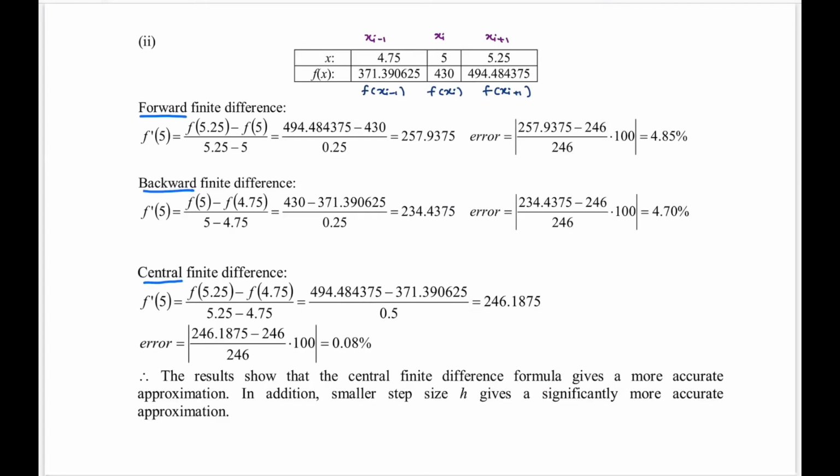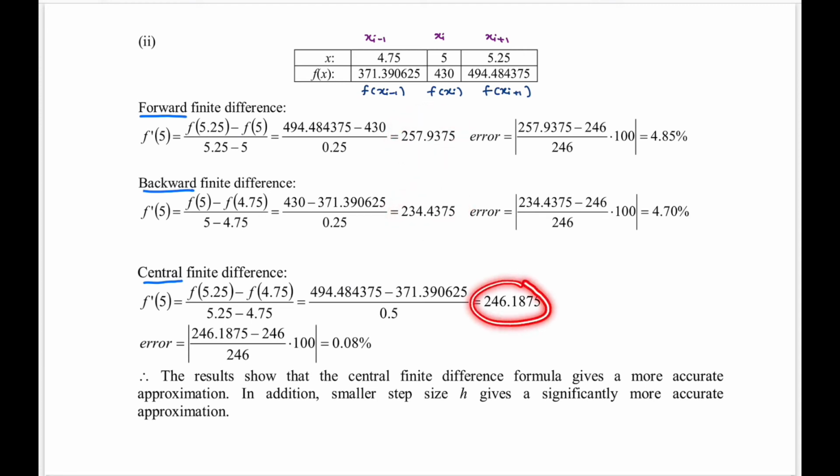Question number 2. Okay, so this is your xi plus 1, xi minus 1, f(xi plus 1), f(xi minus 1). Substitute the values into the formula, then you will get this answer.